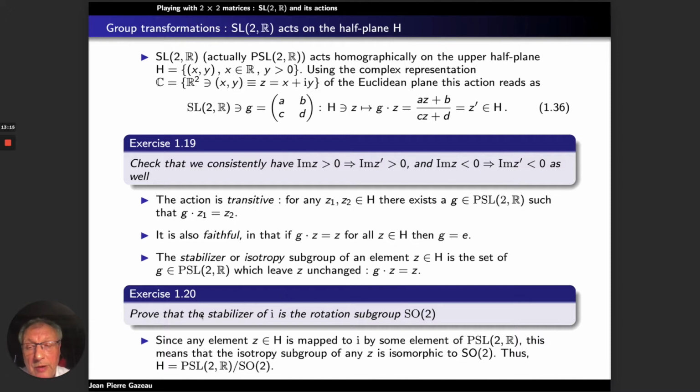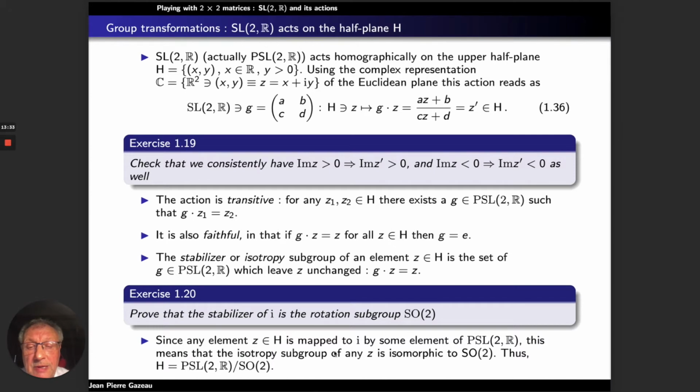And now you can try to solve this little exercise. Prove that the stabilizer of the pure imaginary i is the rotation subgroup SO2.